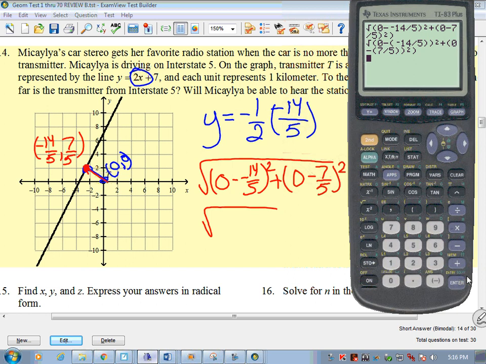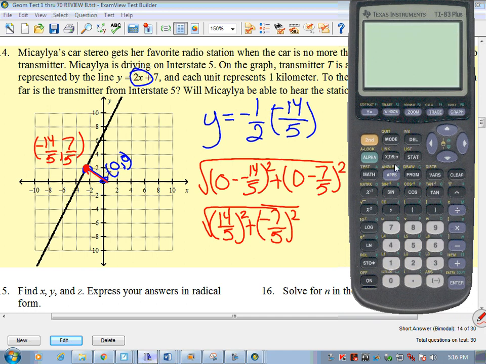All right, let's consider this. We know that 0 minus negative 14/5 squared is going to be 14/5 squared, right? 0 is not going to add anything to it. And negative 7/5 squared. So if it makes it any easier on our calculator and we don't have to worry so much about our parentheses, let's try this.